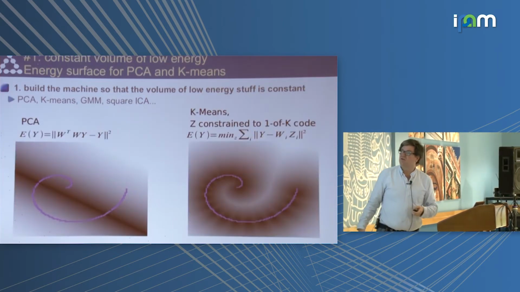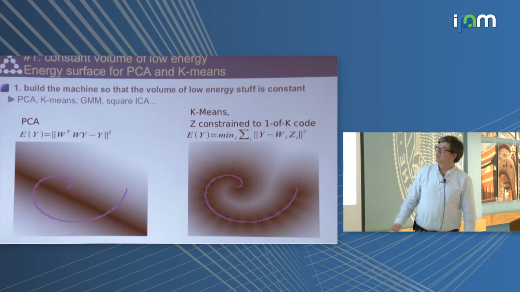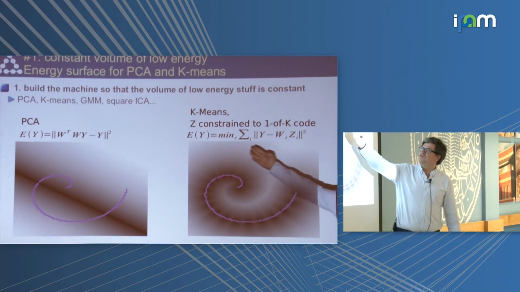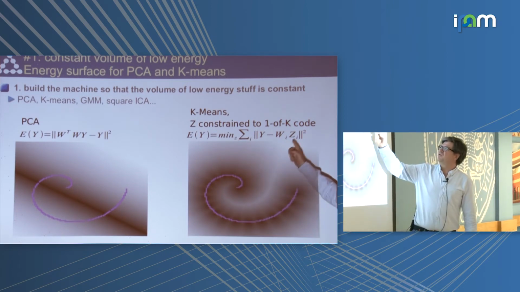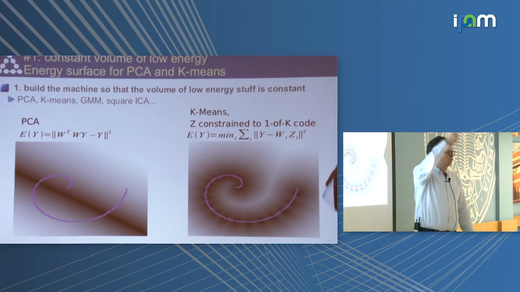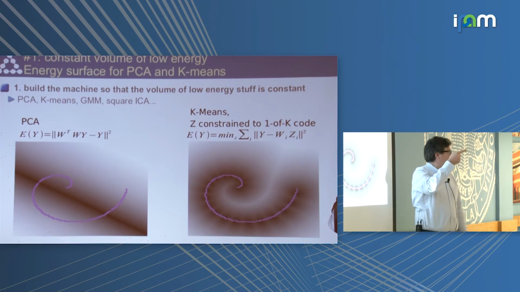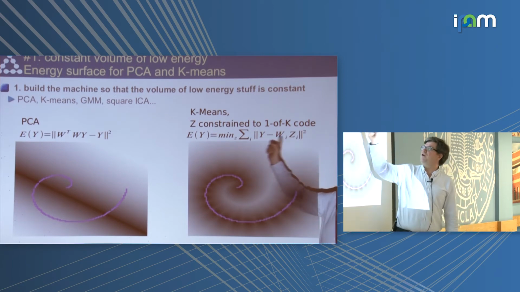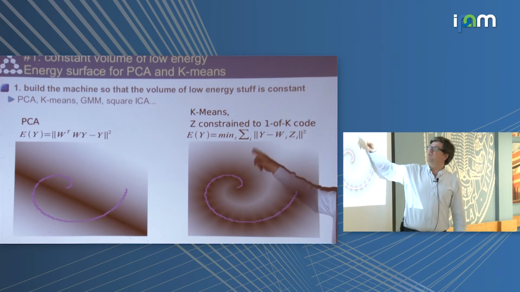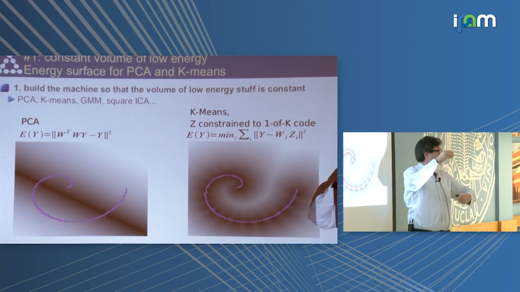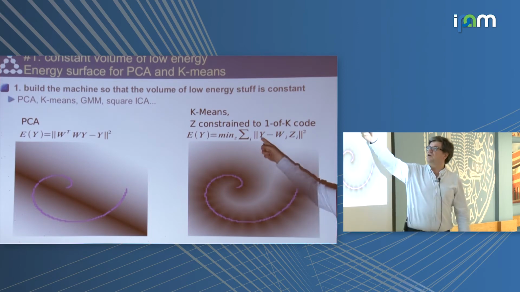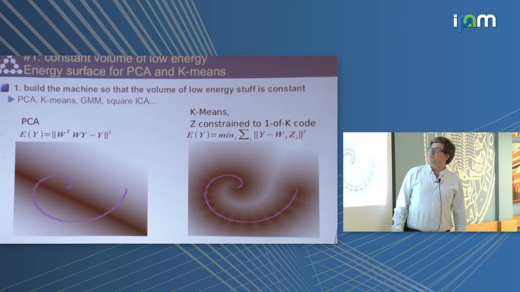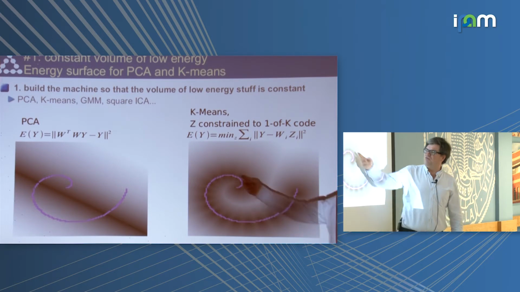In fact, this is what it looks like. So this is the energy function for k-means, where z is constrained to be a one-of-k code. It's got one component equal to 1, all the other ones to 0. This is the prototype matrix. And when you find the vector z that minimizes this reconstruction error, which means which prototype is closest to the data point, you get an energy function that looks like this.